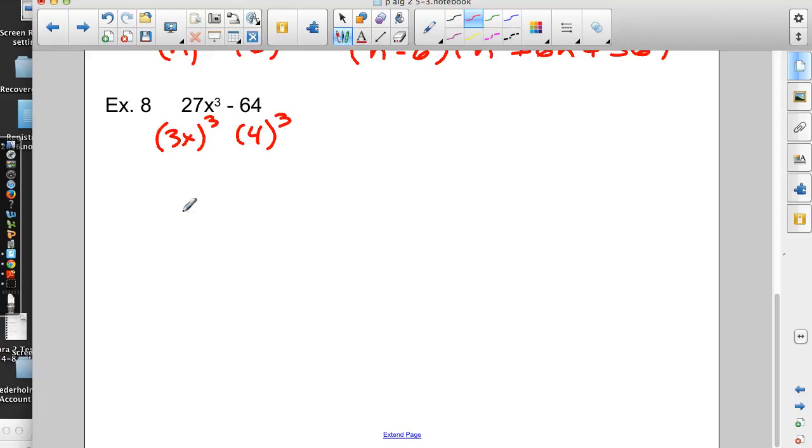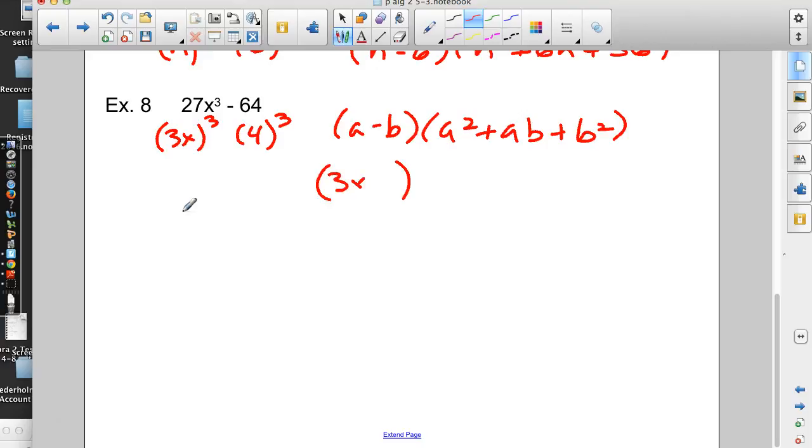And again, we have the formula for this as a minus b times a squared plus ab plus b squared. But because this one has numbers in both our a and our b terms, that's where people tend to make mistakes. So you want to slow down a little bit, not necessarily the first set of parentheses, people generally do okay there.